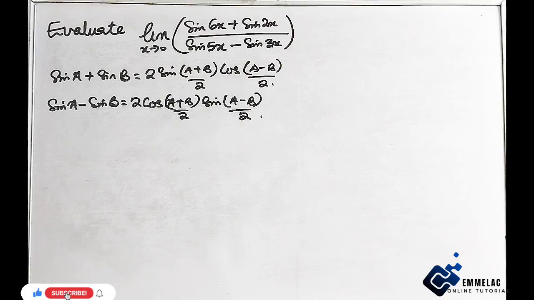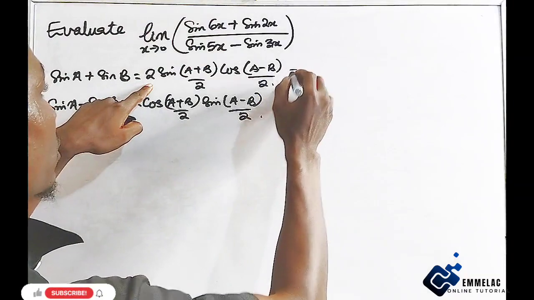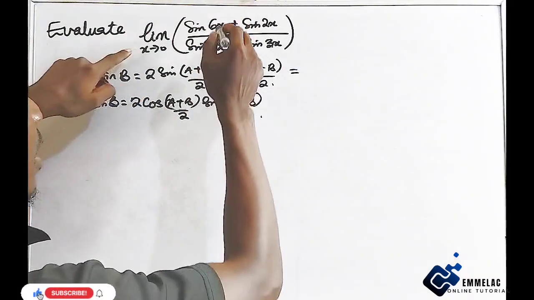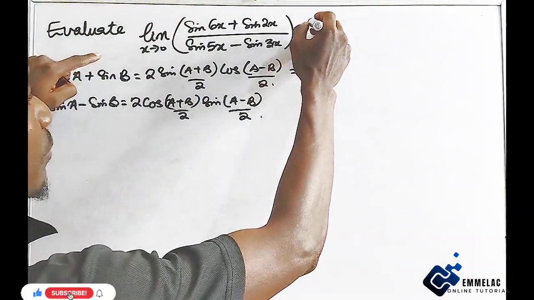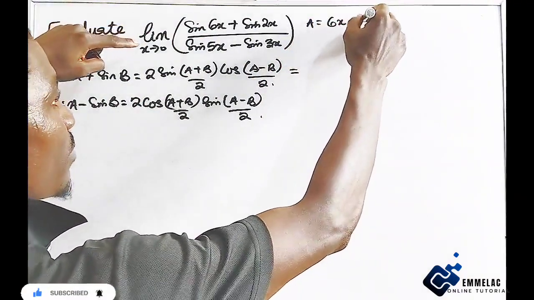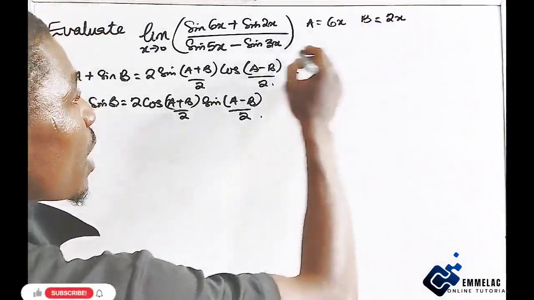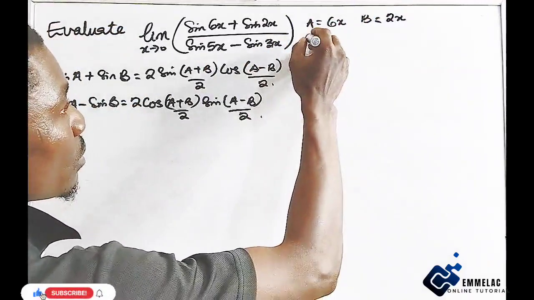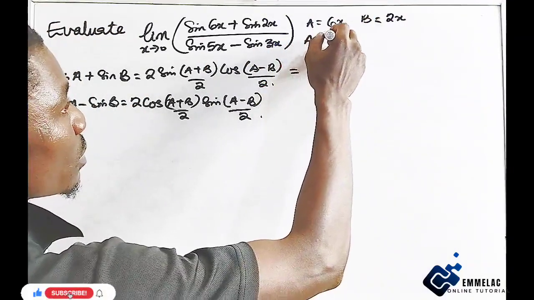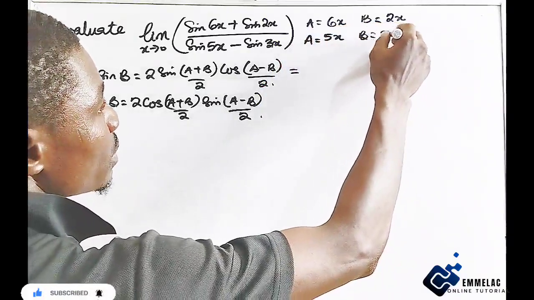Let us now apply this. For the first one here, I'm using this rule, where for the numerator A equals 6x and B equals 2x, and for the denominator A equals 5x and B equals 3x.